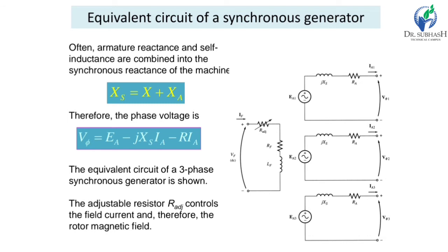The internal generated voltage for each phase is shown in series with the synchronous reactance X suffix S and the stator winding resistance R suffix A. The three phases are identical except that the voltage and current are 120 degrees apart in angle.